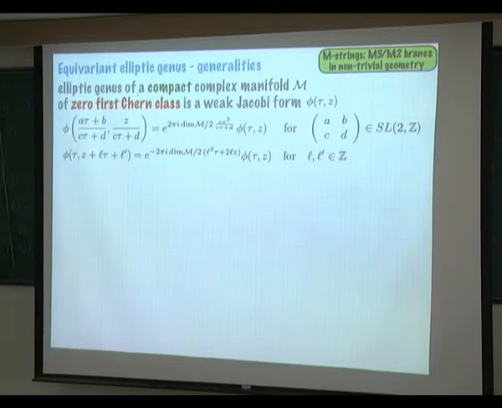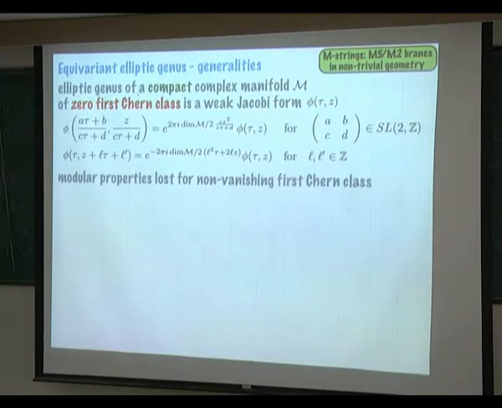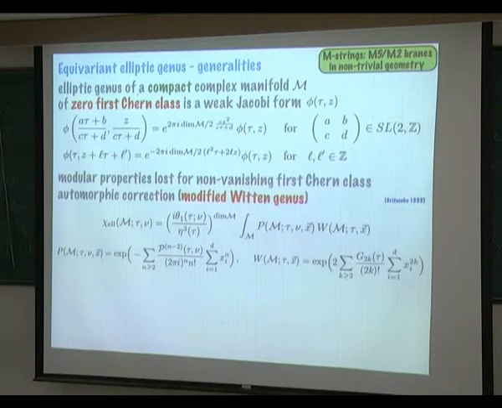Let me say a few more words about what I mean by equivariant elliptic genus then. As we know, the elliptic genus of a compact manifold M with a vanishing first Chern class is a weak Jacobi form. So it transforms in the well-known way under SL(2,Z) transformations, as we've seen many times already in this conference. However, if I have a non-vanishing first Chern class, then that property is lost.